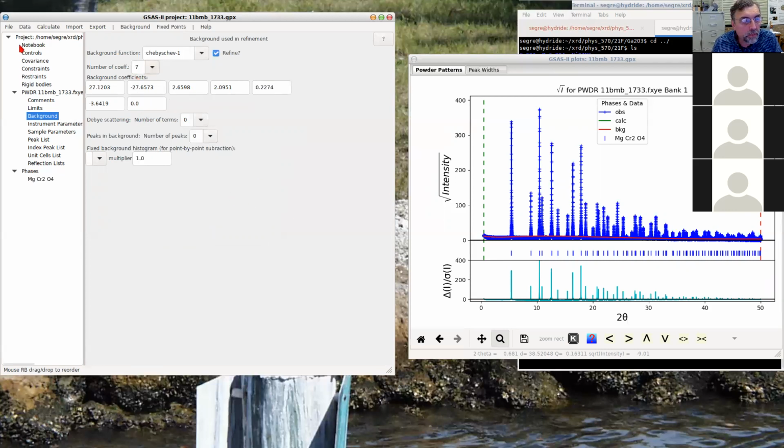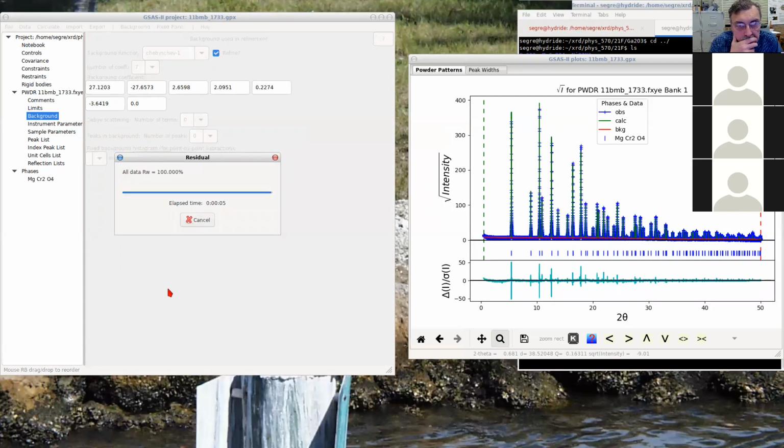Let's see if I can do a little bit better just by doing one of the parameters. See if that helps. Okay, this doesn't look good. So what do I need to do? I need to roll back the number of parameters that I'm actually fitting, and then start again with the background. See if I can improve it. It doesn't look like it's going to work here.